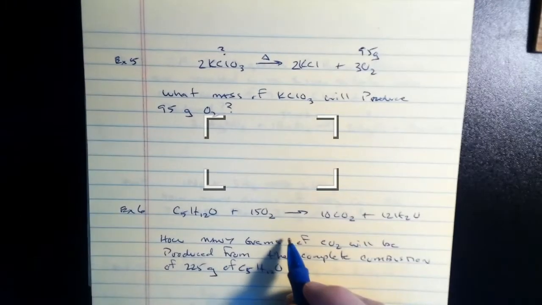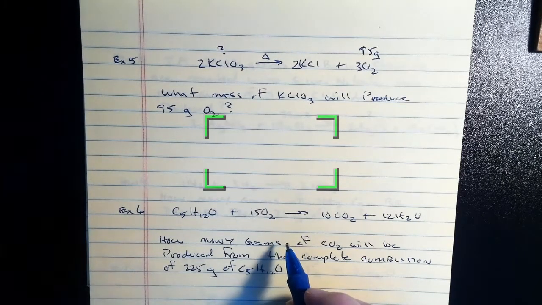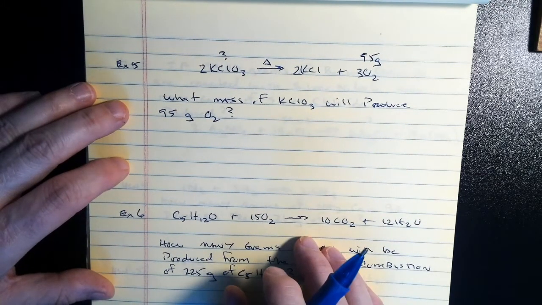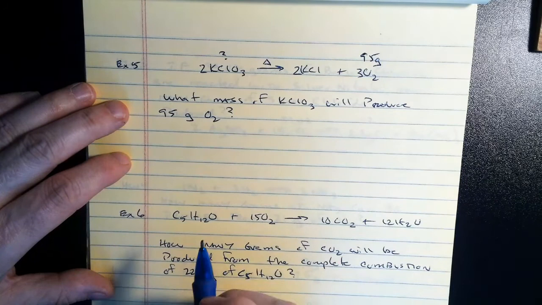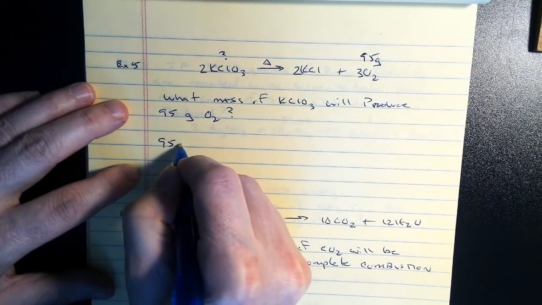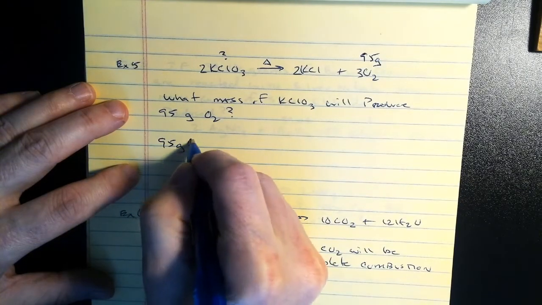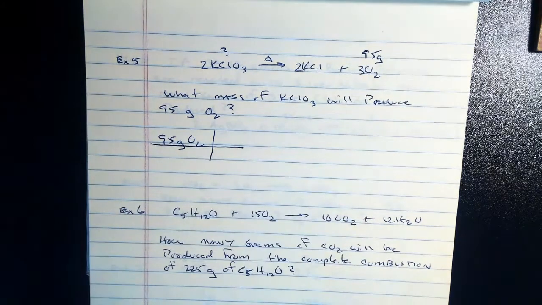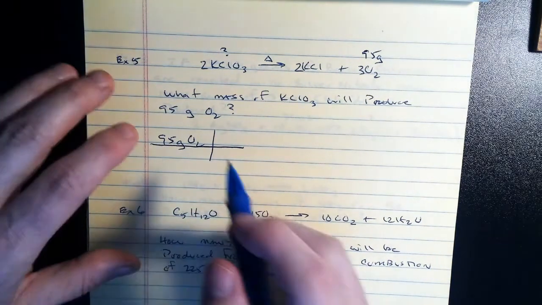Okay, so what we're going to do, and I left myself a little bit more room here, so that's good. We're going to start with what we're given. We'll start with 95 grams of O2. And if you're going to look at your roadmap, hopefully you got it memorized. Turn grams to moles.